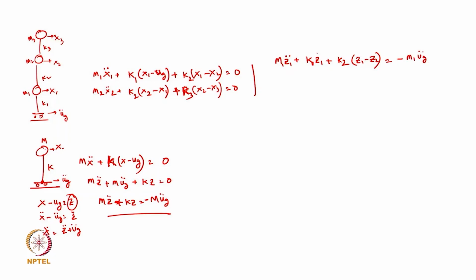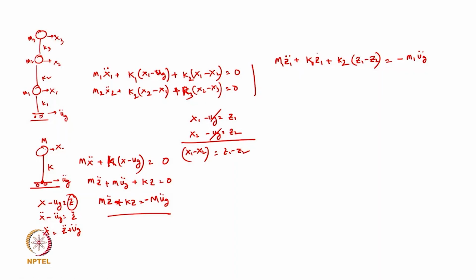Because x1 minus x2 will not change. Why? How will it be? x1 minus ug will be z1 and x2 minus ug will be z2. If we subtract these two, x1 minus x2, ug will cancel out, giving z1 minus z2.